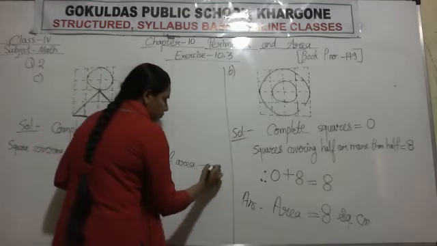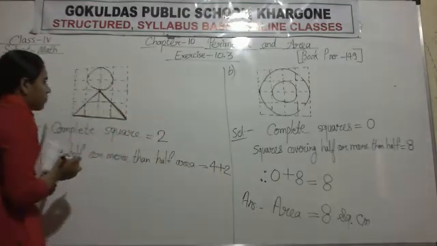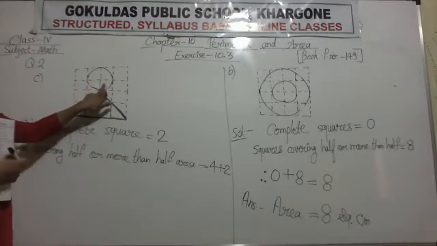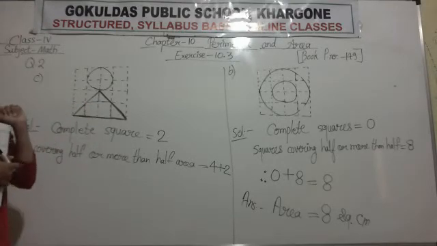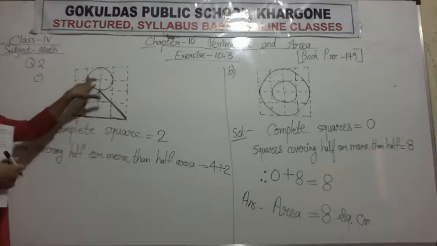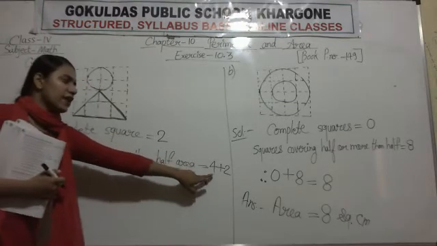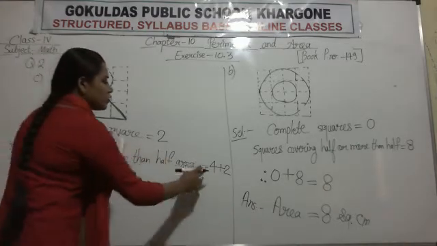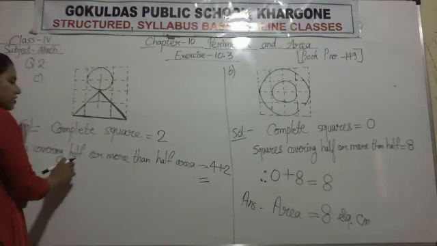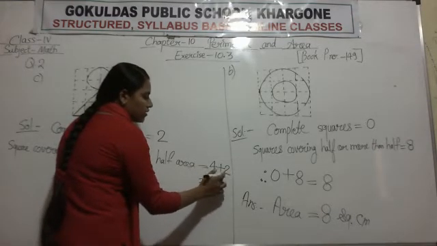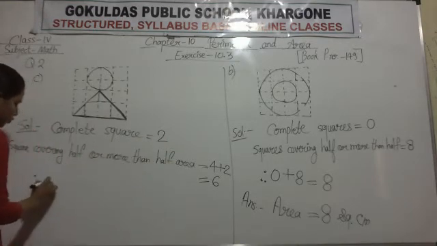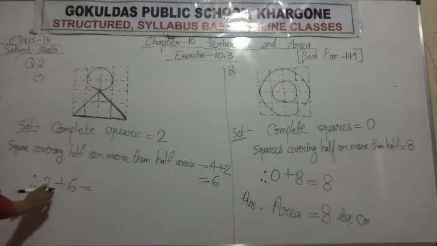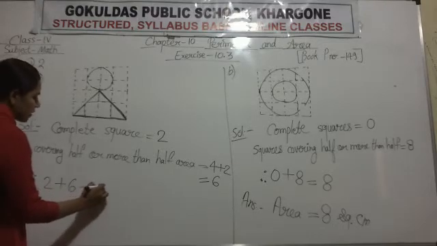1, 2, 3, 4 squares we will consider, and from this side we will consider 2. Why? Because half plus half is 1, half plus half is 1. So 2 from here and 4 from this part. That is why I write 4 plus 2. So squares covering half or more than half area are 4 plus 2, which is 6. Now add them: 2 plus 6 is 8.